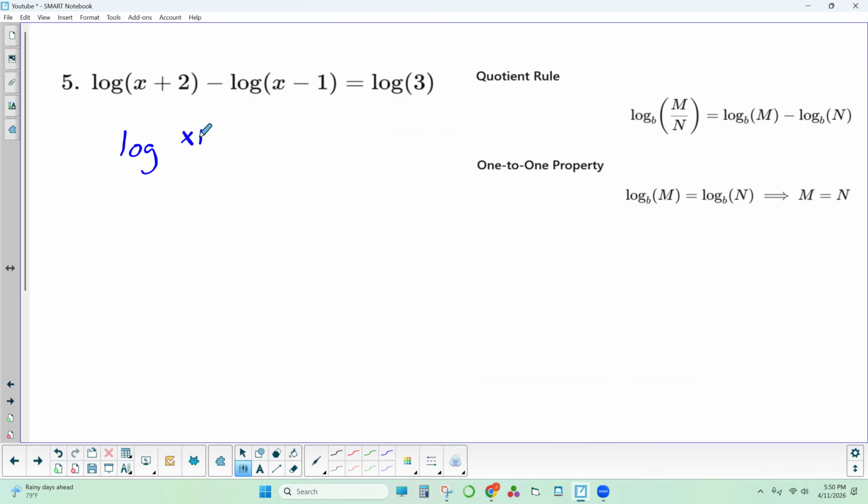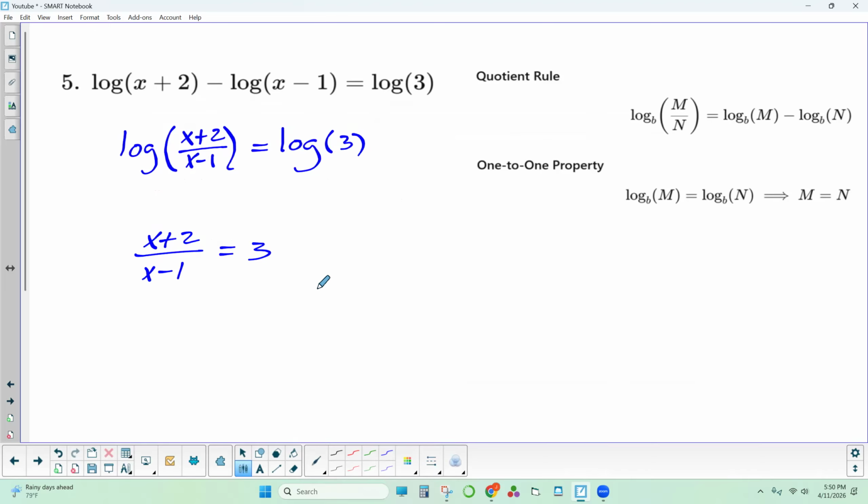So we have log of x plus 2 over x minus 1 equals log of 3. Okay? So now we have a log base 10 equal to a log base 10. So we can use the one-to-one property right over here, which allows us to set the arguments equal. So we've got x plus 2 over x minus 1 equals 3.